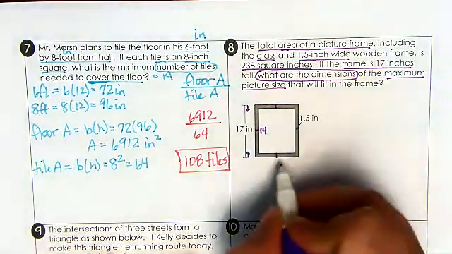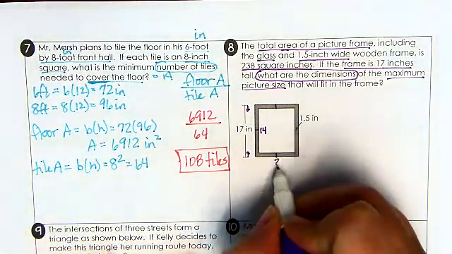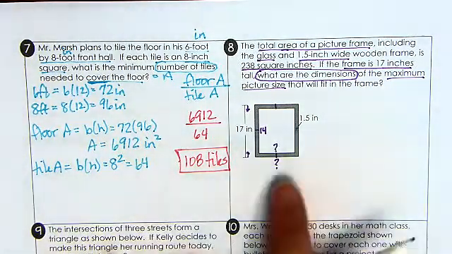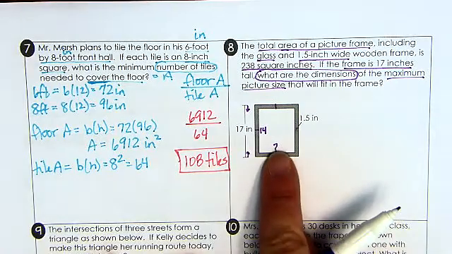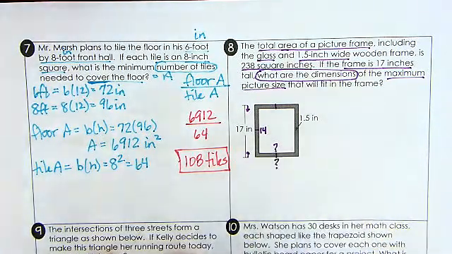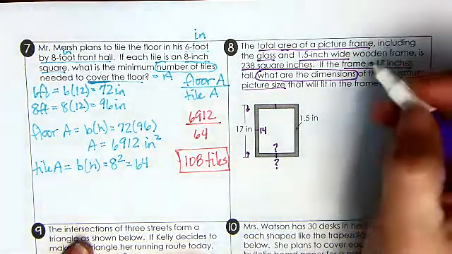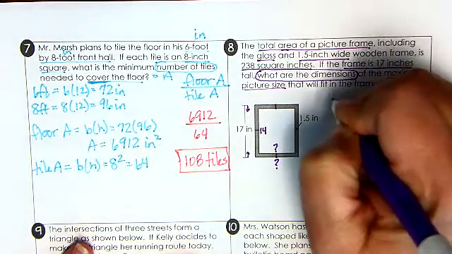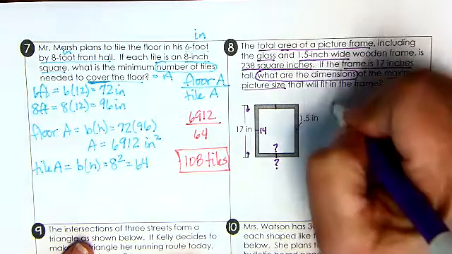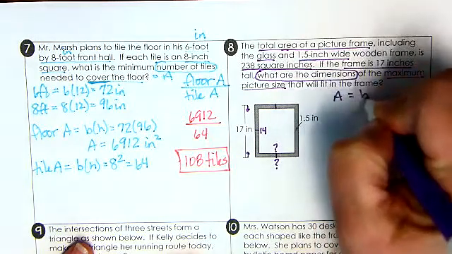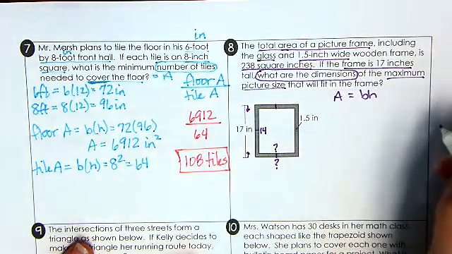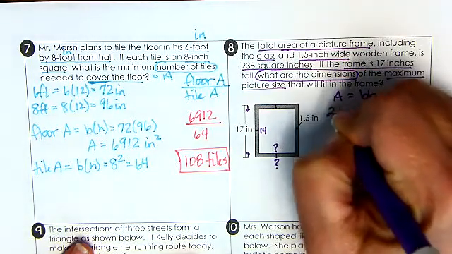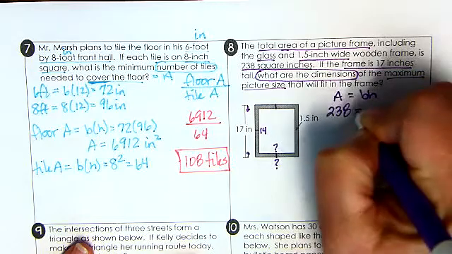What we don't know is this distance here or this distance here. But once we find this one, we can find this one. So we're going to take our information, okay? And we're finding the area. We're given the total area. So this is an area of a rectangle. So we have the formula A equals base times height. My total area is 238. We plug in our information that we're given.